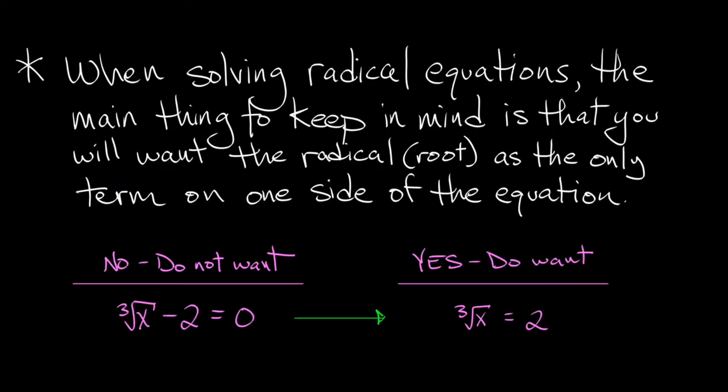So, first thing. And again, it doesn't matter what you want to write down, but I wanted to put this up here. When you're doing radical equations, the important thing is that you have the root symbol by itself on one side of the equation.